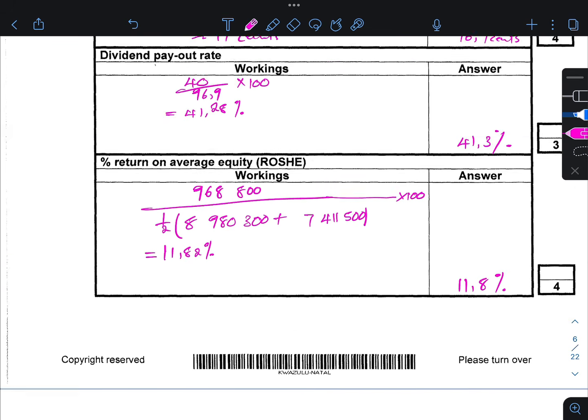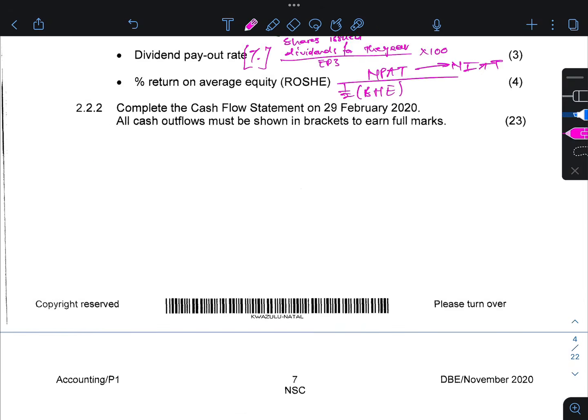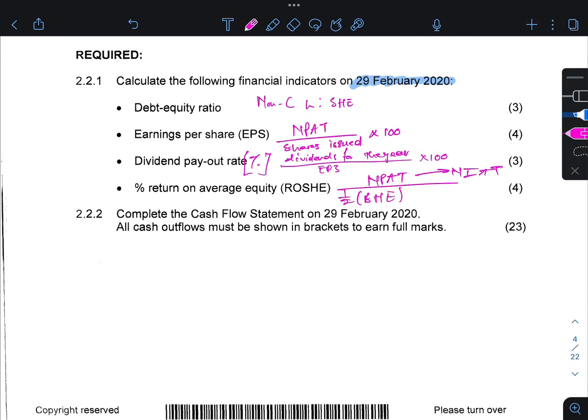Right, so now we are moving on to the next question because we've calculated all our financial indicators. The next question talks about completing our cash flow statement on the 29th of Feb. And all cash outflows must be shown in brackets to earn full marks.